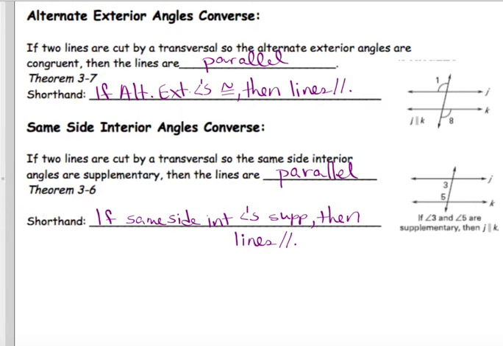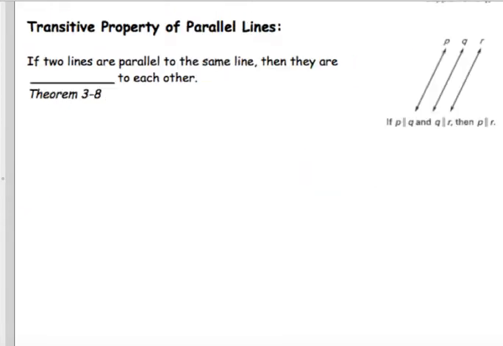We have one more. Transitive property of parallel lines. We talked about this the other day in class actually, and it just is showing up again in our notes here. If 2 lines are parallel to the same line, then they are parallel to each other. That is called the transitive property of parallel lines. It looks just like the transitive property. See how the Q's are repeating?